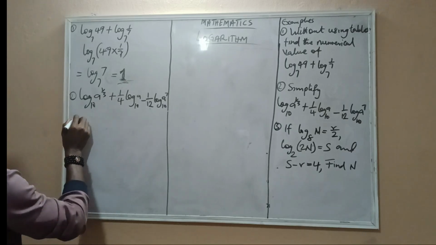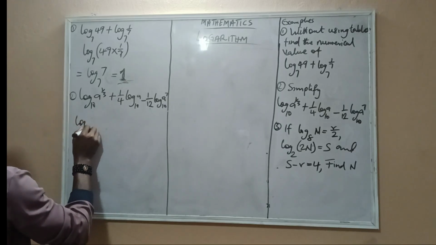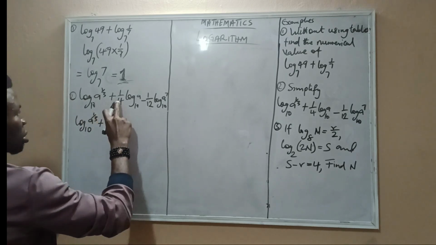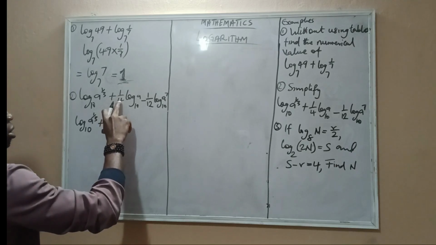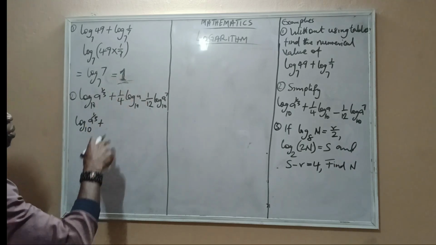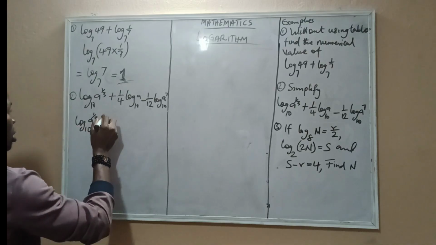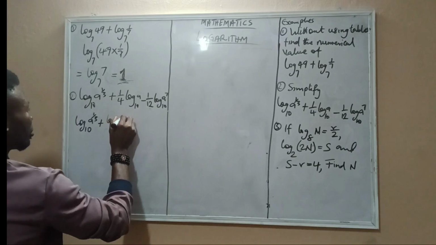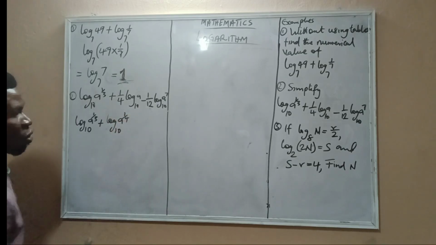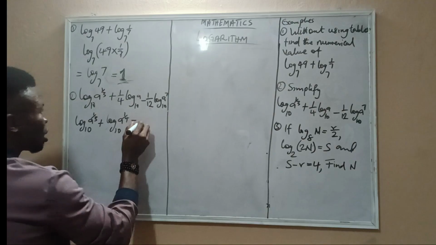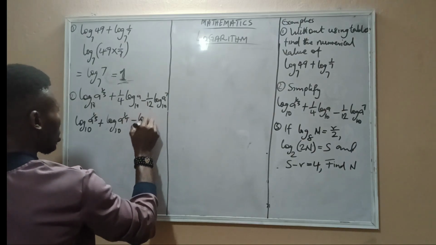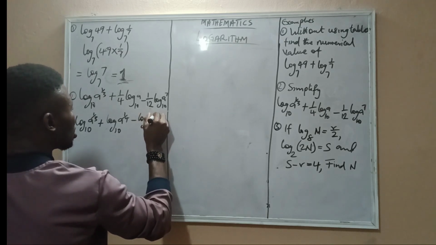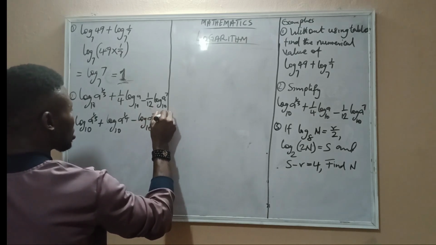And this is the same thing as log to the base 10 of a raised to the power 1 over 3 plus, remember when we say the log of a number raised to a power is equal to the product of that power and the log. So this is the same thing as log to the base 10 of a raised to the power 1 over 4, minus the same thing on this one, log to the base 10 of a raised to the power 7 times 1 over 12.